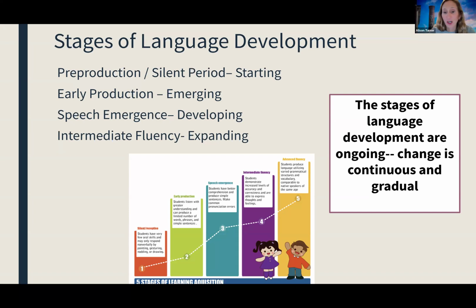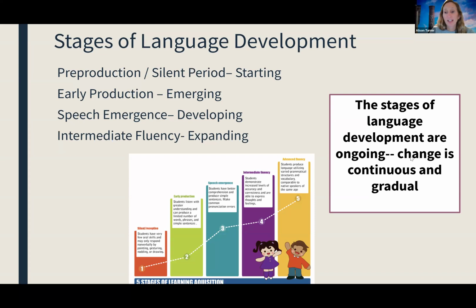And so you can see from the chart that at intermediate fluency, they're starting to develop increased levels of accuracy. They're able to express thoughts and feelings. And as they move to advanced fluency, they are able to utilize very varied grammatical structures and vocabulary, and may even be comparable to native speakers of the same age.